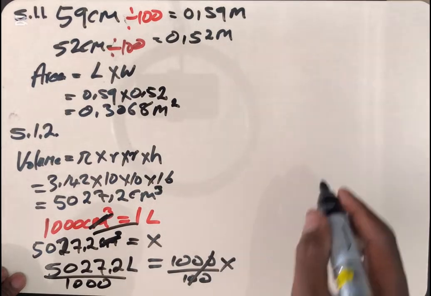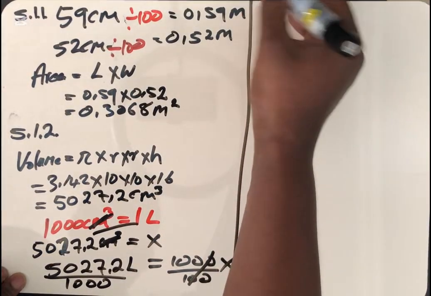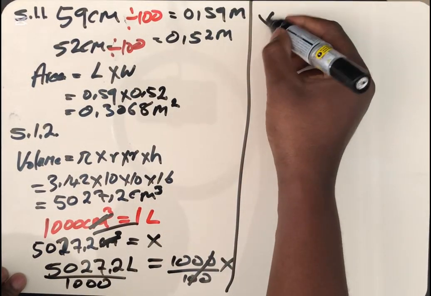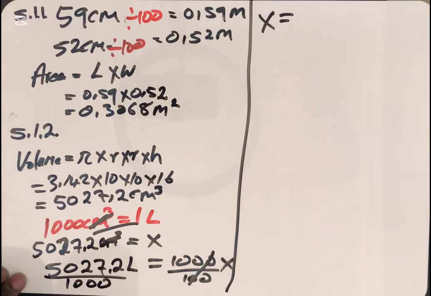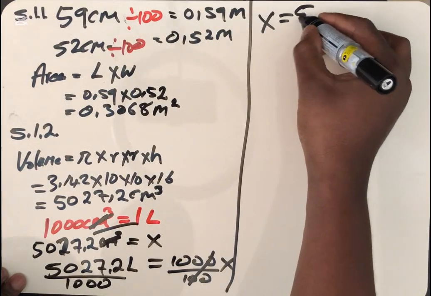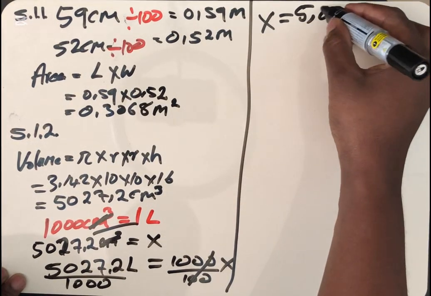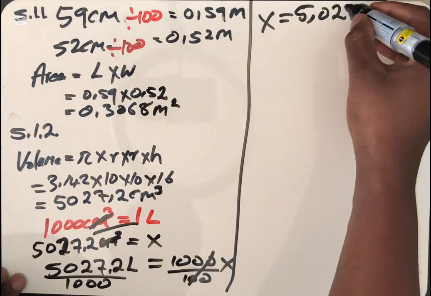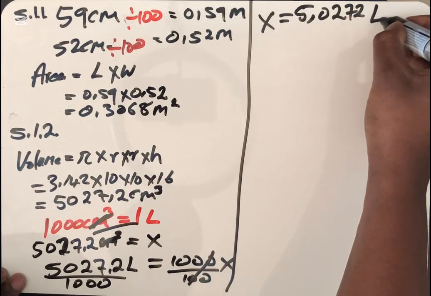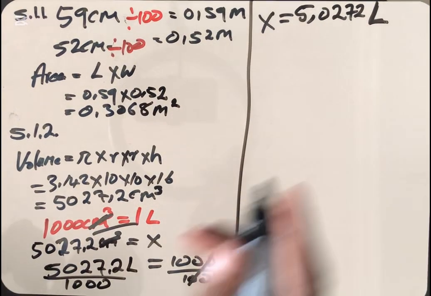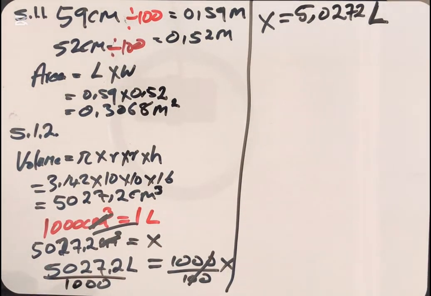And then our x is equal to this divided by 1000, which is 5.0272 liters.